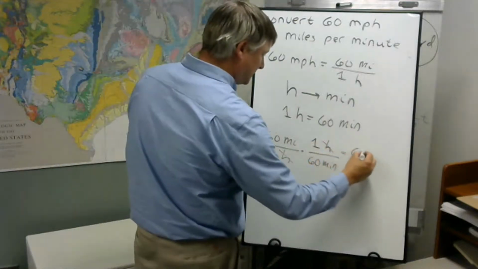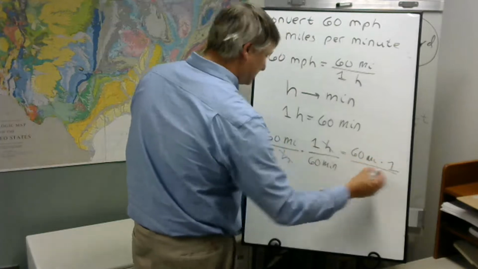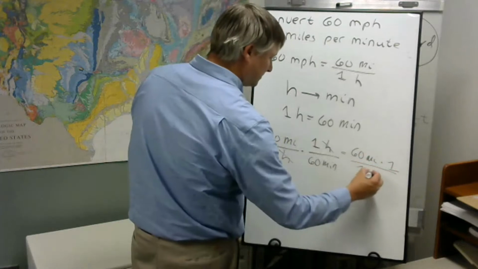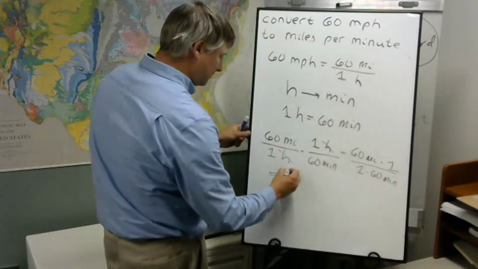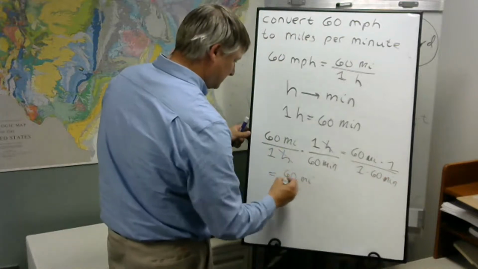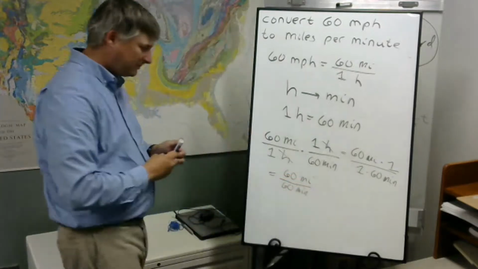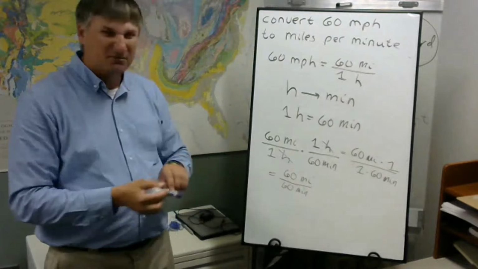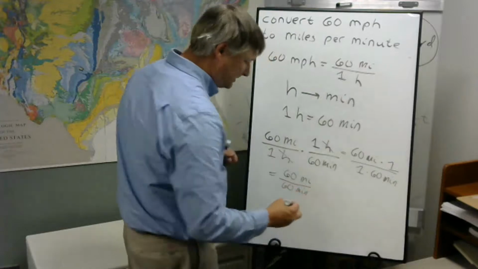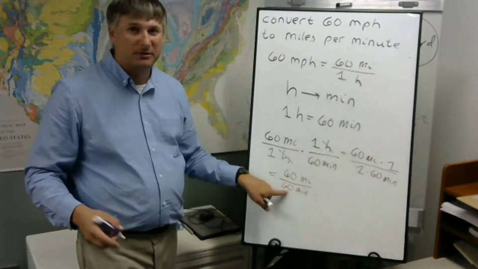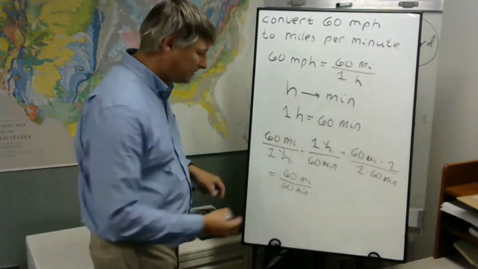This leaves us with 60 miles. We multiply across times 1 times 60 minutes, or 60 miles over 60 minutes. And you can just divide the 60s, maybe a more specific way. It's typical to want to have a 1 when you're dealing with miles per hour or inches per second, something like that.